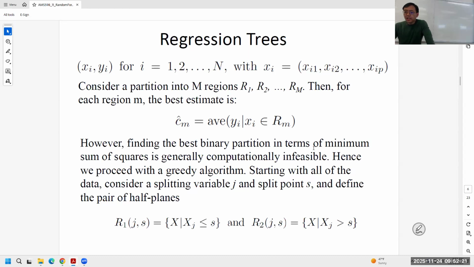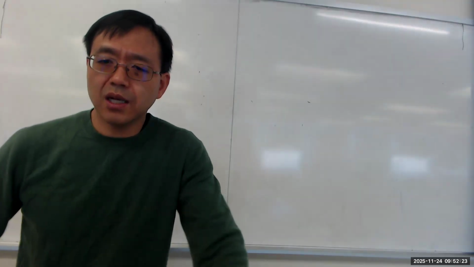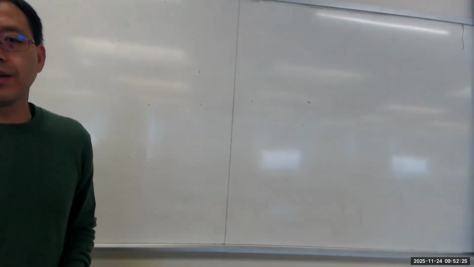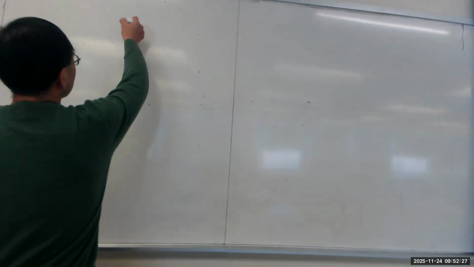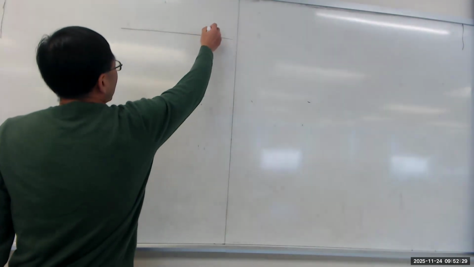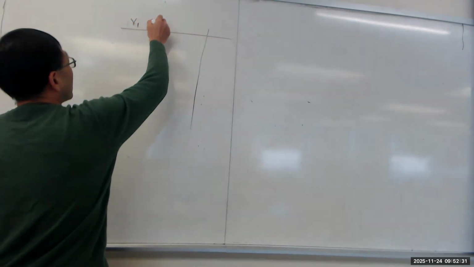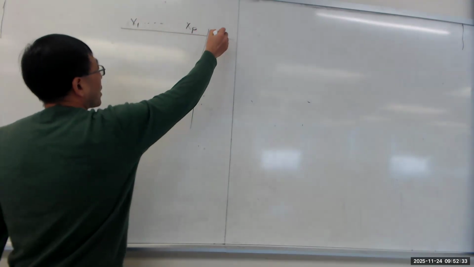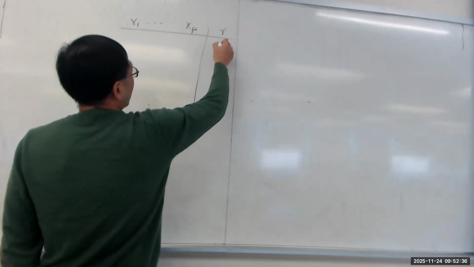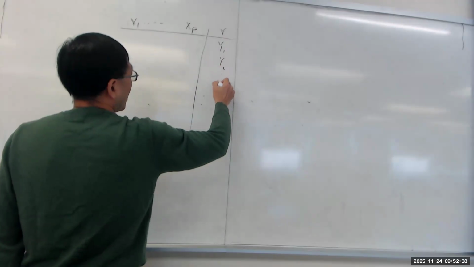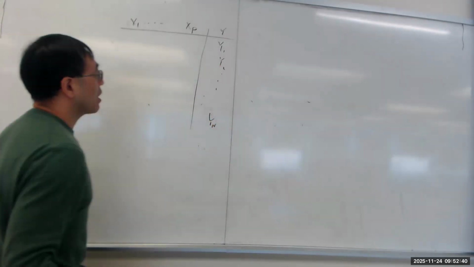What it means is you have variables x1 up to xp, right? You have your variable y, so you have y1, y2 up to yn. Okay, you have n observations.